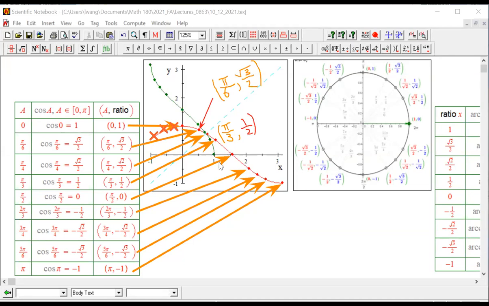Do you guys follow me? So I need to get rid of that green tail, that little red tail. How do I get rid of that little red tail? None of the software can do it for me. This software I'm using doesn't do it, because if you ask for cosine, whether you specify the interval or not, it just gives you the entire cosine curve defined on the entire number line.